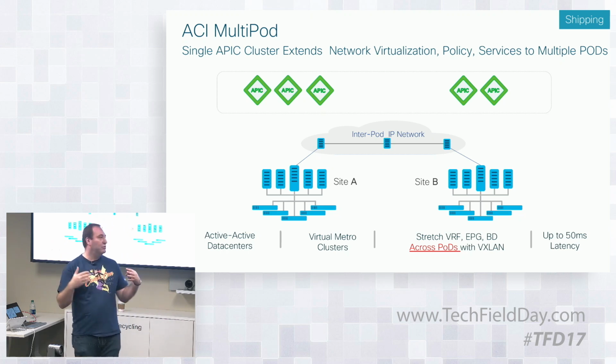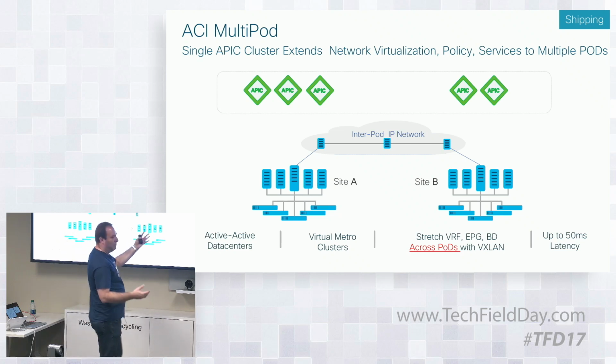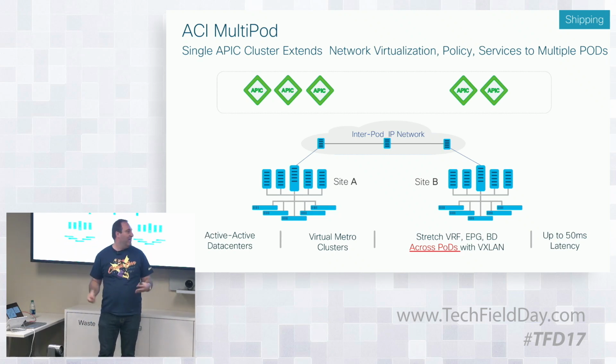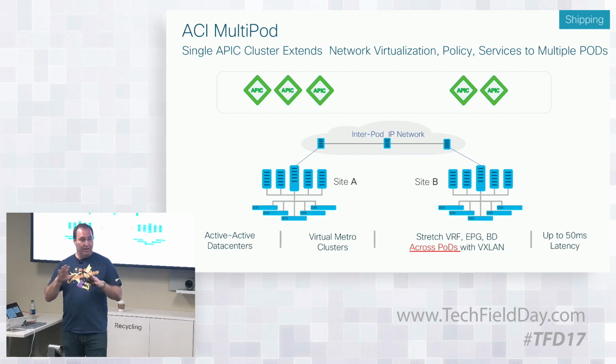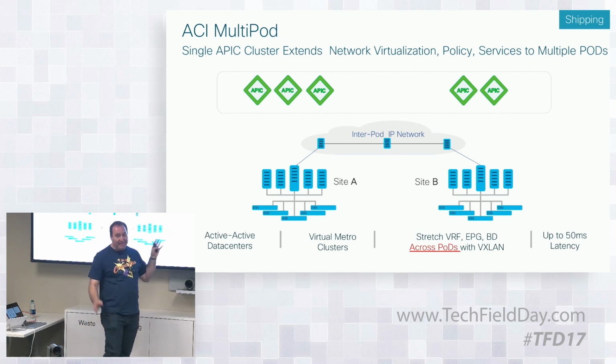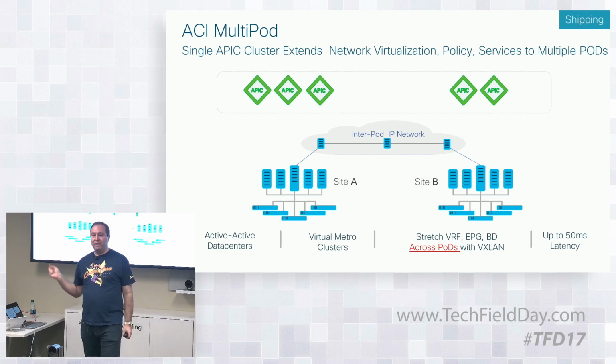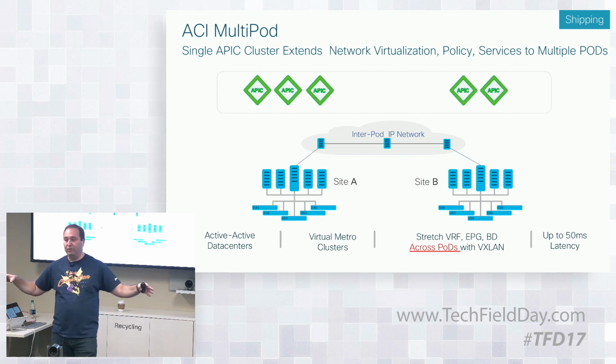So what that allows us to do is, if you have an IP network between two locations, and the locations are within 50 milliseconds latency of each other, it's like managing a single data center. The configuration changes you make in APIC get pushed to both sites, or both pods, actually up to 8 pods, and we will run MP-BGP VPN as a control plane and VXLAN as an encap between the sites to stretch your network.